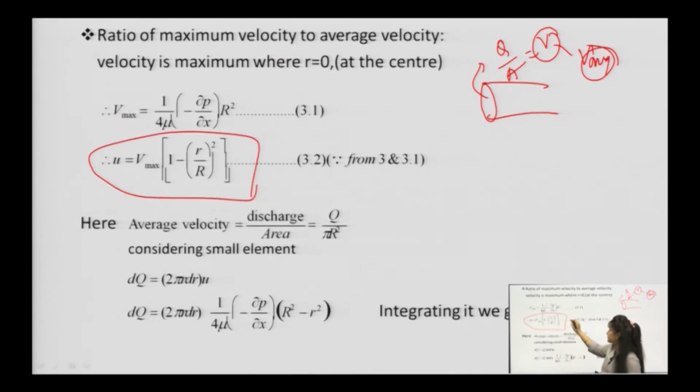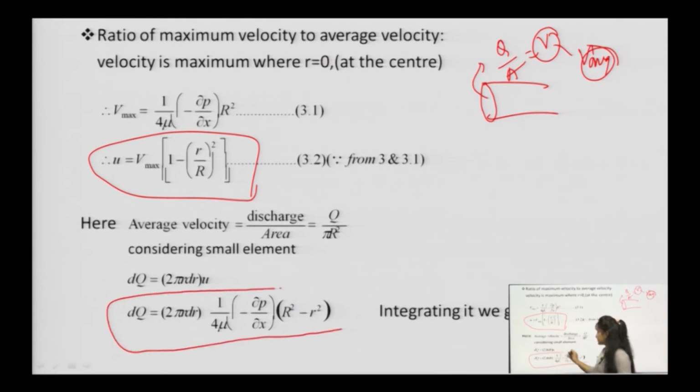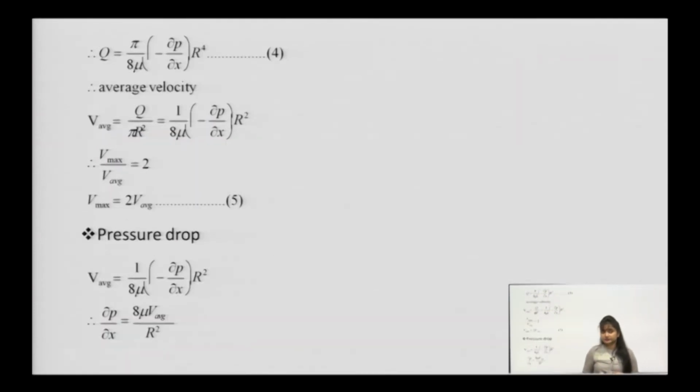Now substituting the value, similar to discharge and average velocity Q by A we have written, and substituting Q as a certain value, you get a resultant in terms of rate of flow. But this is the elemental rate of flow which you are obtaining. For the entire rate of flow through this pipe, you need to integrate it.